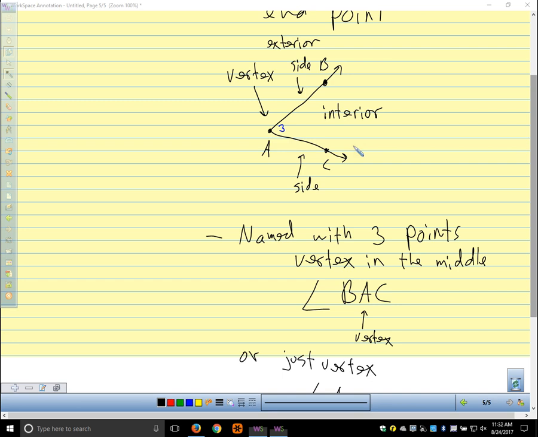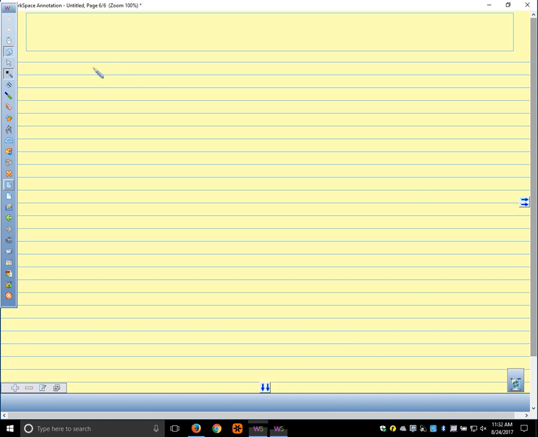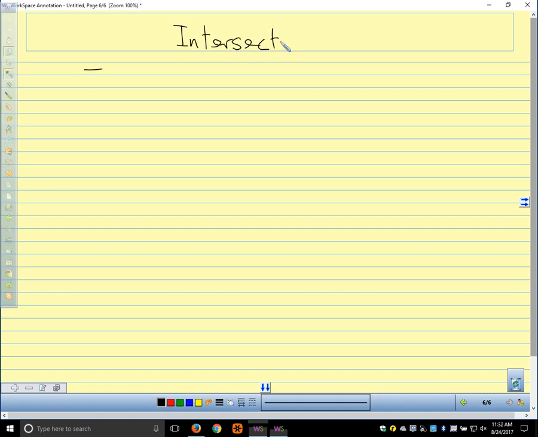All right, the next part, not for your graphic organizer. This is a little bit of new information. We want to talk a little bit about intersections.